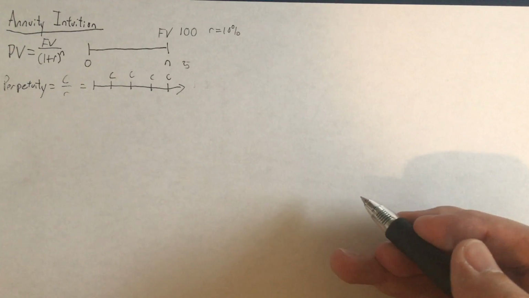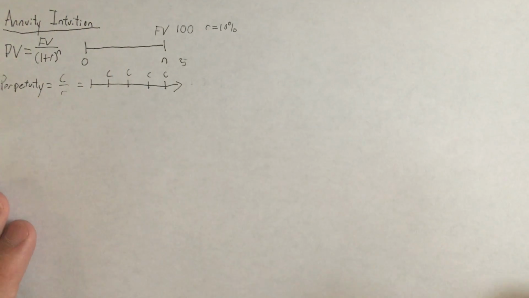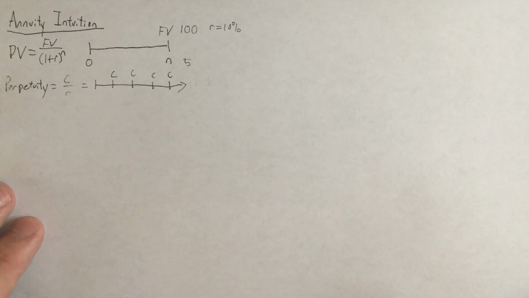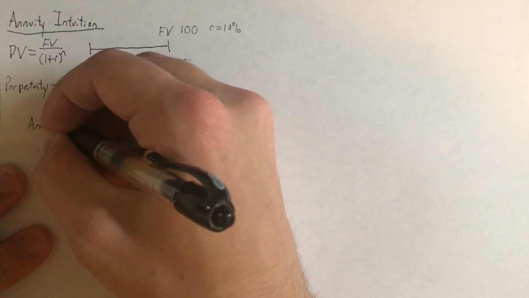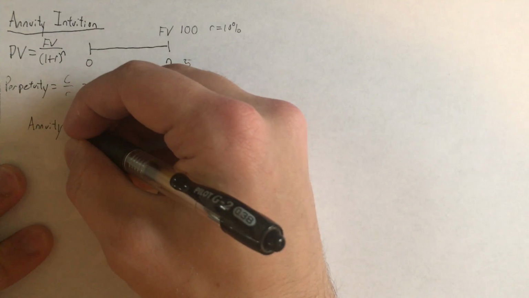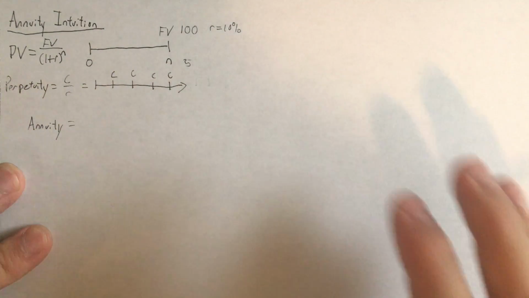All right, so if you can grasp those two things, now we're on to the main point of the video, which is to show you the intuition behind the annuity formula. So an annuity is very similar to a perpetuity, except the main difference, it has an endpoint. But let's look at the formula for it first.